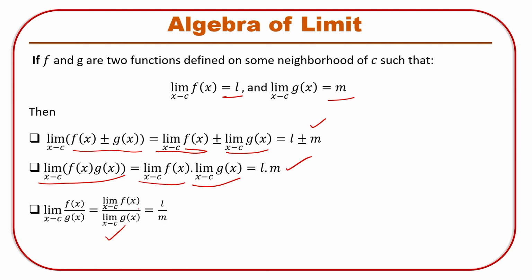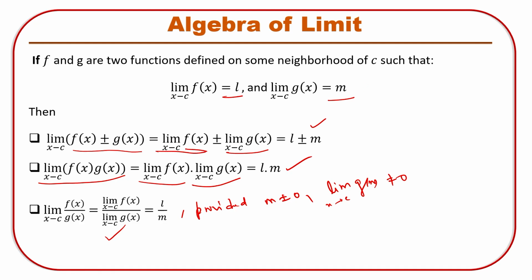And the division limit of f(x) by g(x) is equal to limit f(x) divided by limit g(x), which is L by M, provided M is not equal to 0, that is, the limit of g(x) as x tends to c exists and is not equal to 0. That is the rule, right.